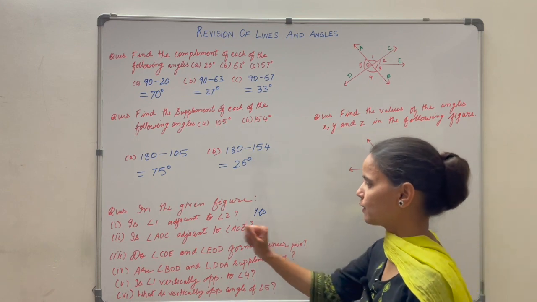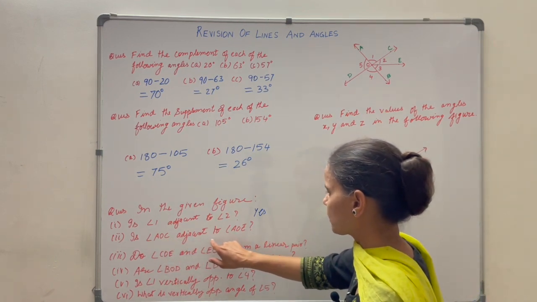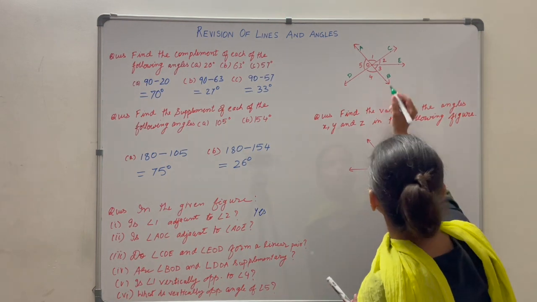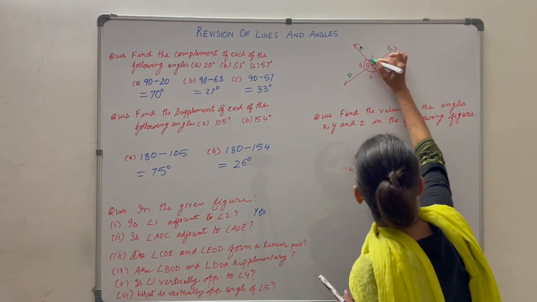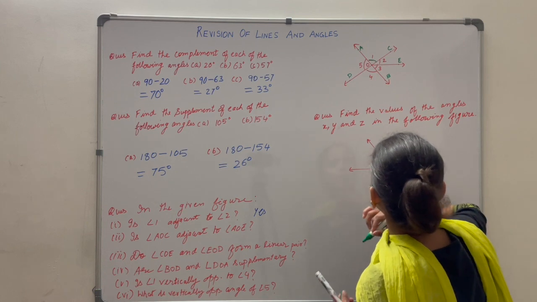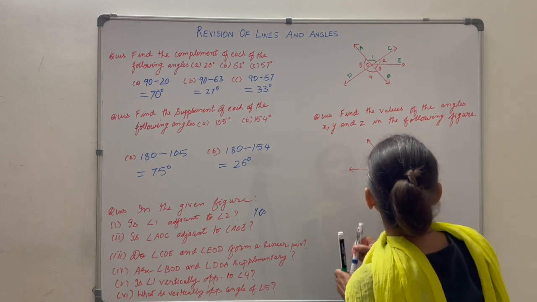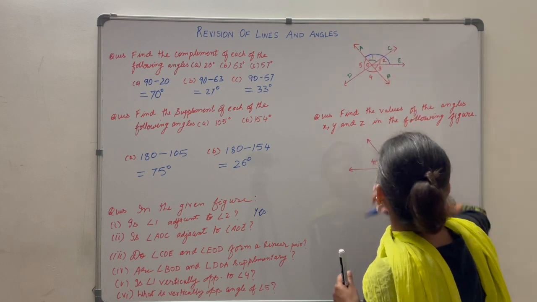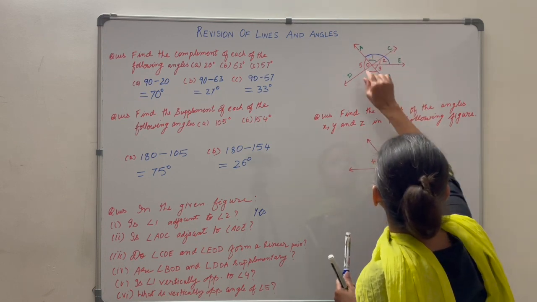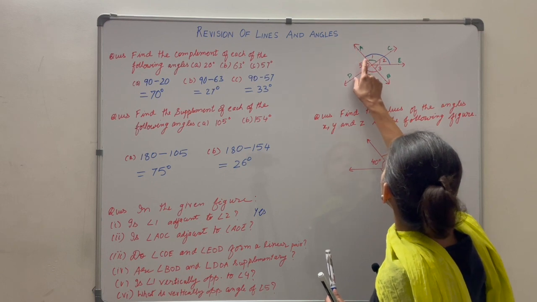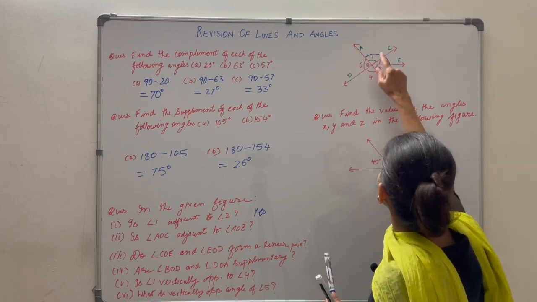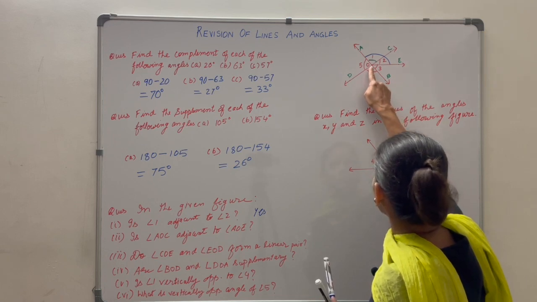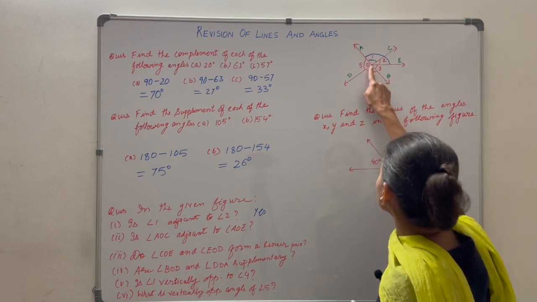Now let us do the second question. Is angle AOC adjacent to angle AOE? AOC is this angle, and AOE is this whole angle. For AOC, this is the common vertex, and for AOE, this is the common vertex O. So they have a common vertex.